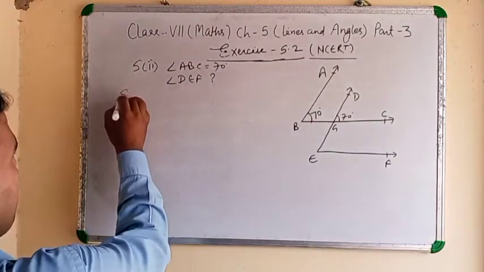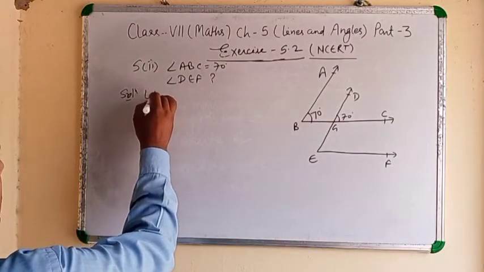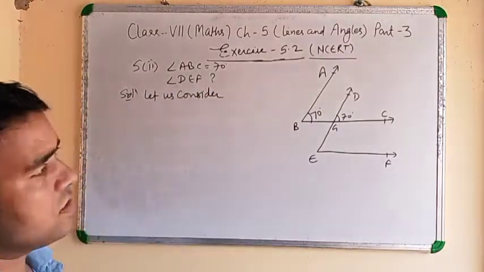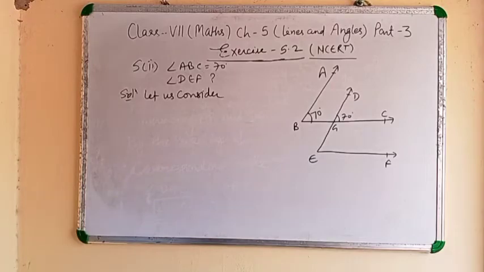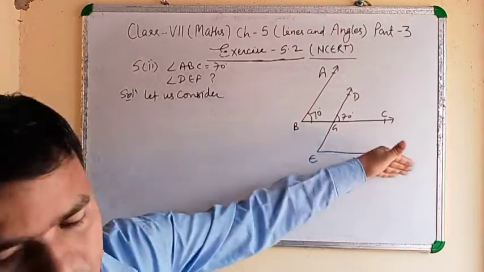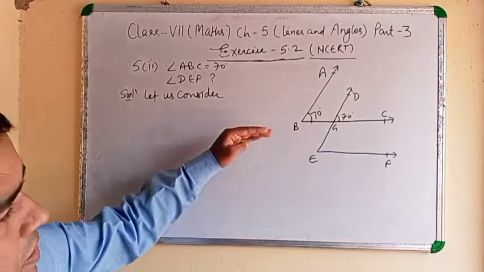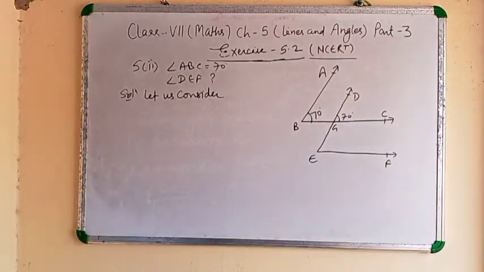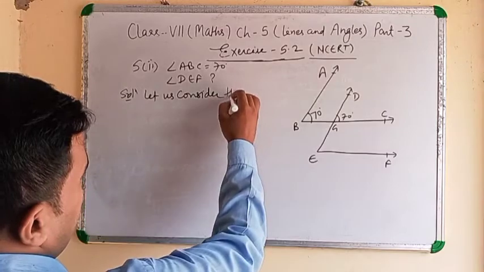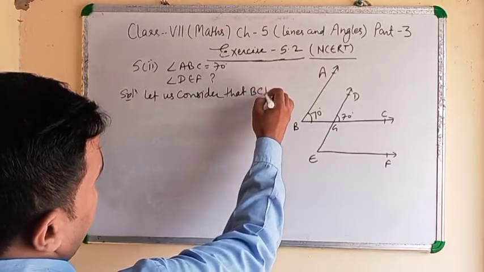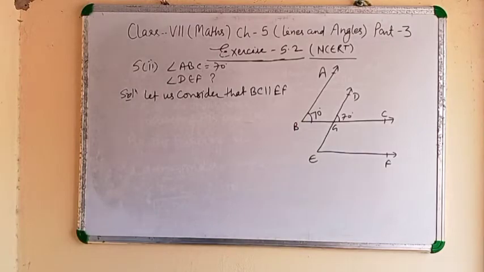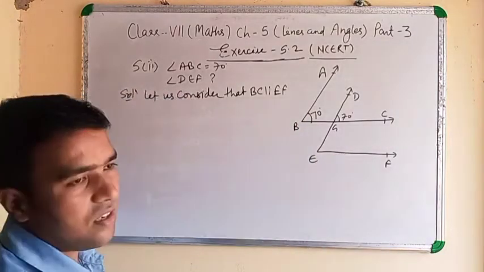Let us consider, what will you consider? DEF is asking. Clear? Means BC and EF are parallel. Let us consider that BC parallel EF. Which is the transversal?